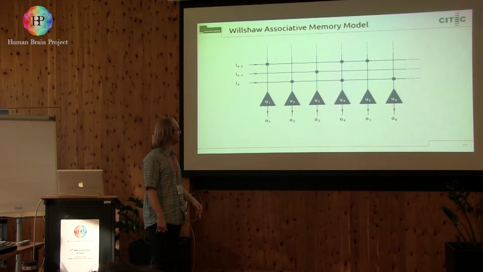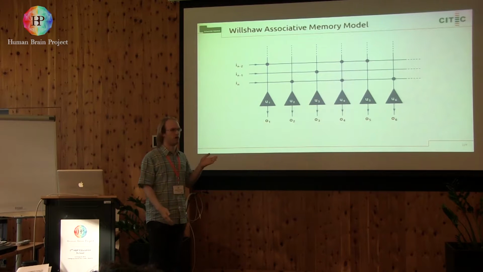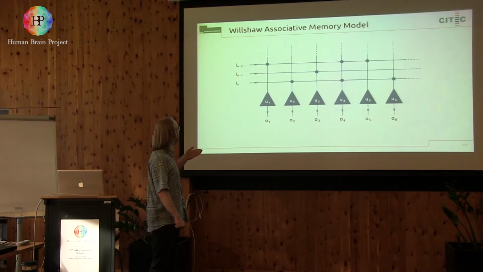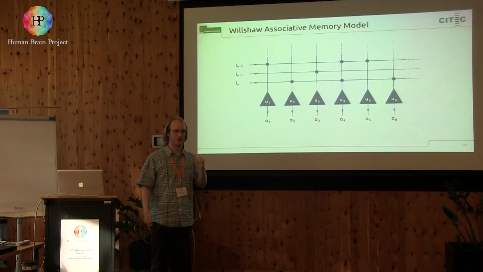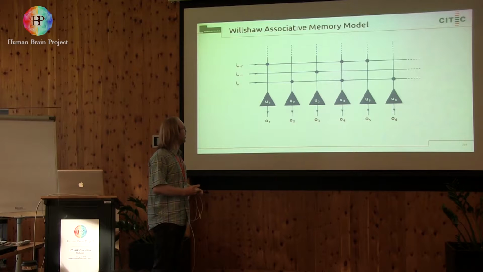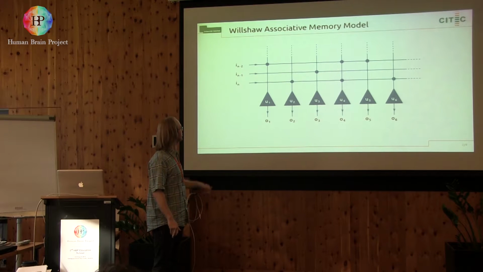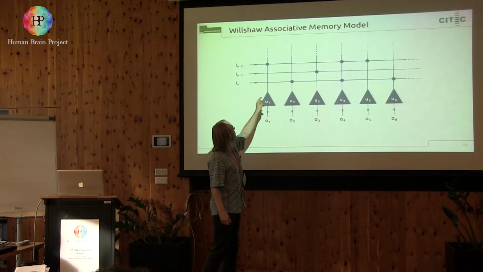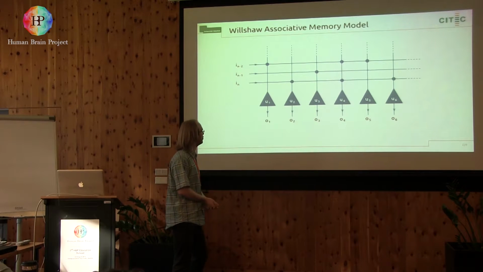So all you've got is basically a layer of output neurons, and it's important to state that the input and output vectors are only binary, so only ones and zeros, and the actual content of the memory is stored within the matrix of connections between the input layer and the output layer of neurons. So actually the synapses which you see here, these represent the stored content.